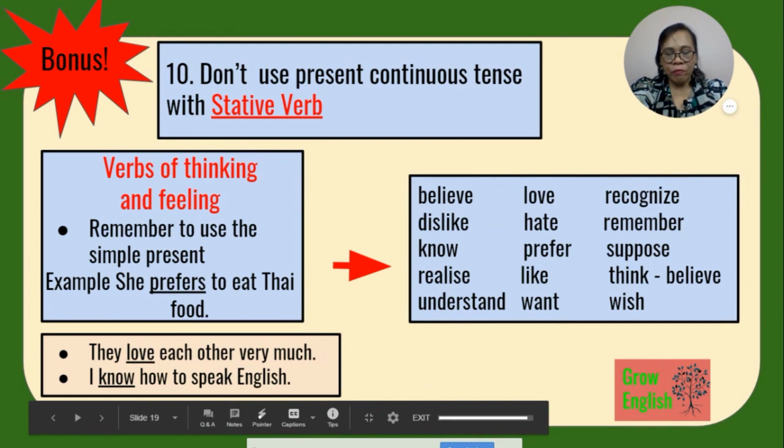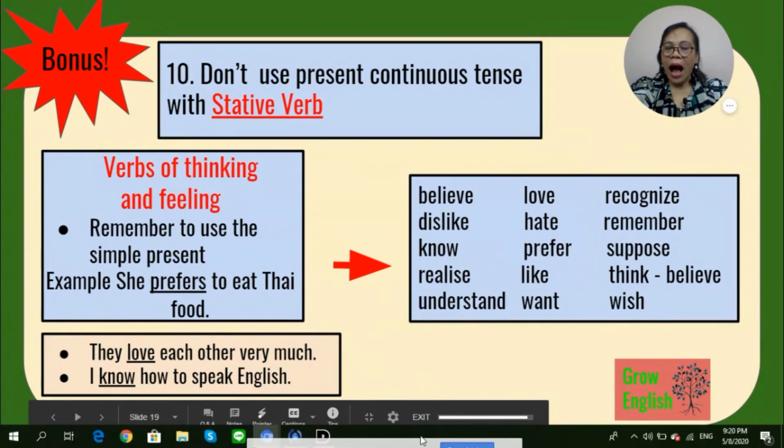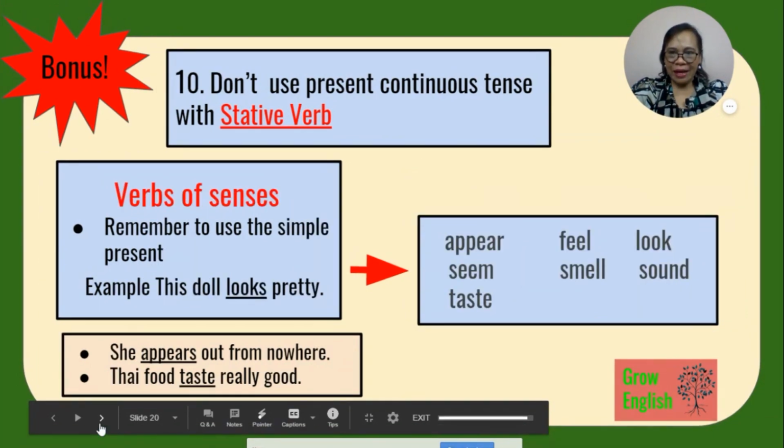Use the simple present, please. And the other one is I know. You won't say I am knowing how to speak English, but you will say I know how to speak English. Now, I hope this is clear to you. So let's go to the next example.